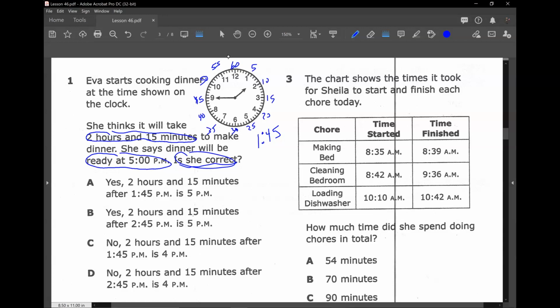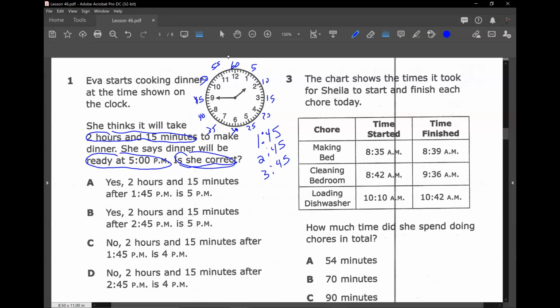She says it's going to take 2 hours and 15 minutes. Okay. See, 1:45 to 2:45. That's 1 hour. To 3:45 is 2 hours. And then we have 15 minutes.